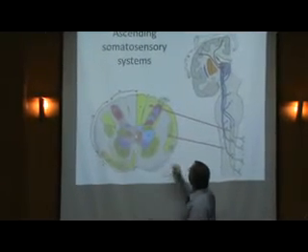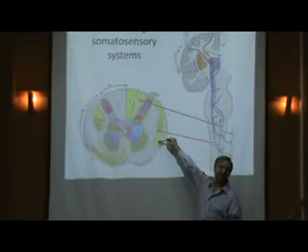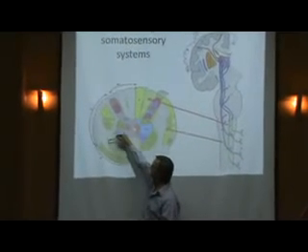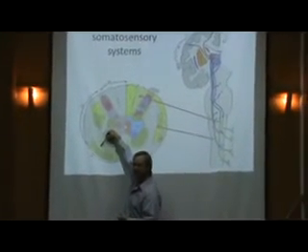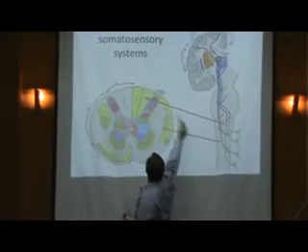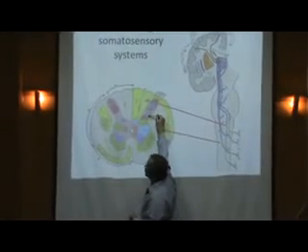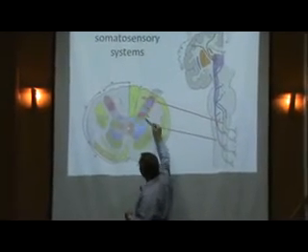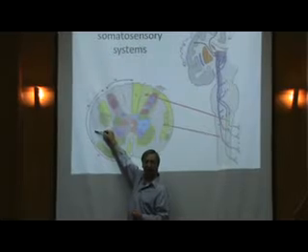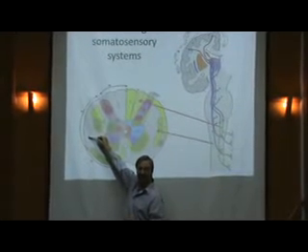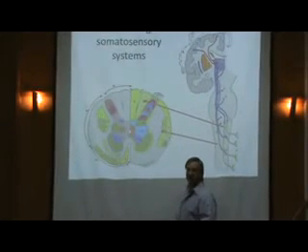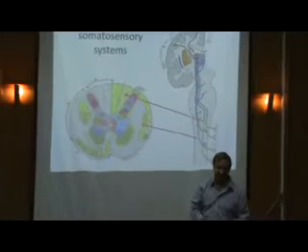Okay? And makes these two tracts. These two tracts will be here. So the natural way is to run, contact the dorsal horn, cross to the contralateral side, and then originate the spinothalamic tracts.